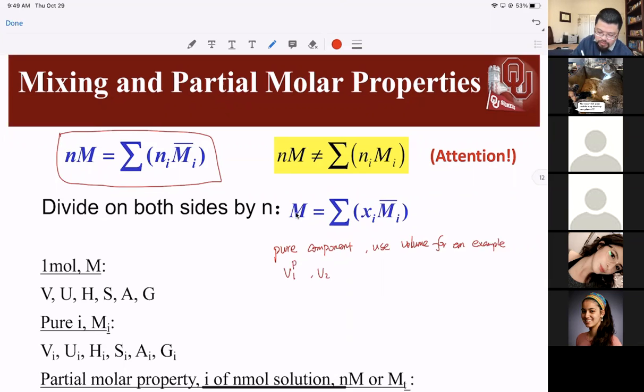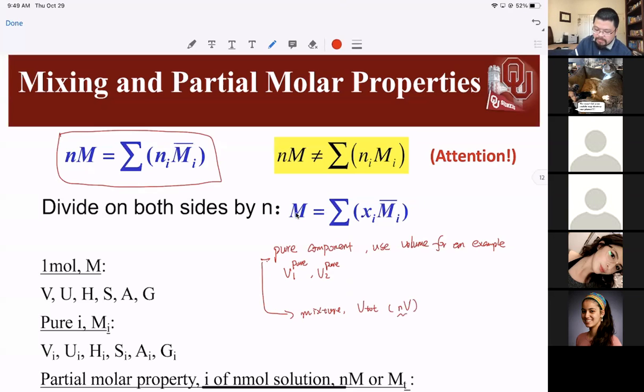Or V1 pure, V2 pure. And then we start to mix it. We're going to move from the pure to the mixture. Let's call this V total, or as I have over here, let's call this NV.